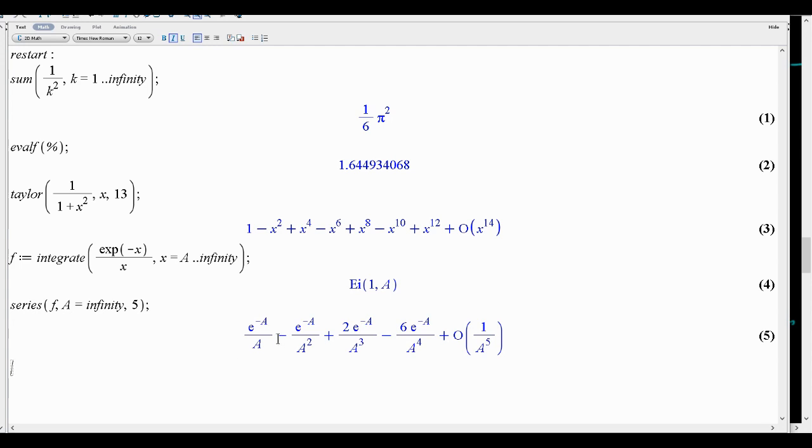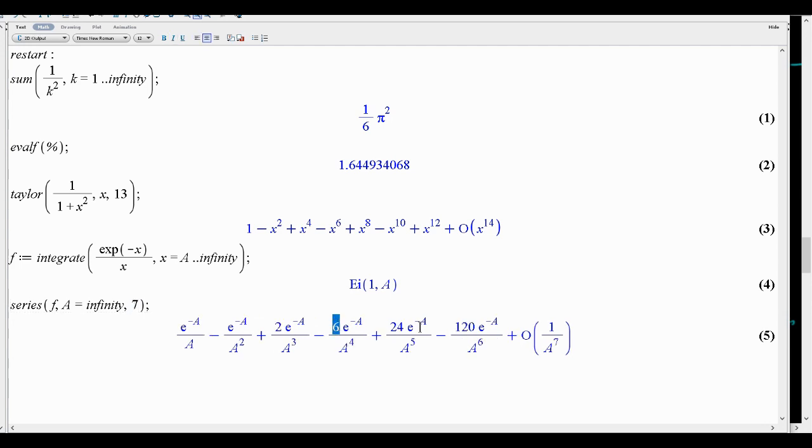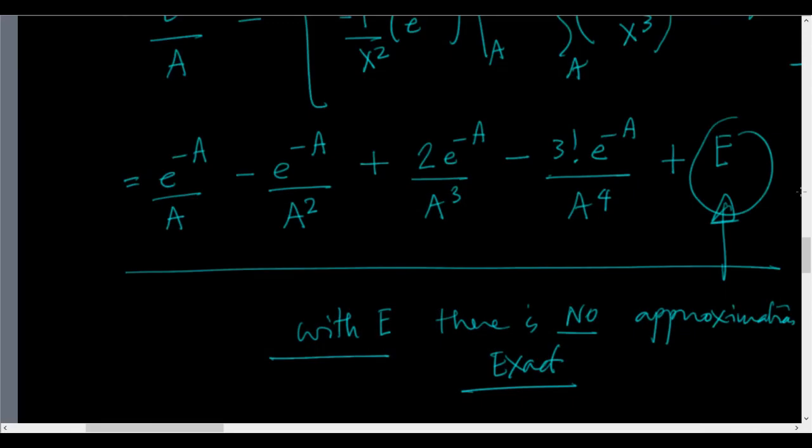The signs keep alternating, and here I have factorial 2, factorial 3, and so on. I can go a little longer, and after factorial 3 this is factorial 4, you will recognize it, and then over here factorial 5, and so on. That's the series. Okay, so I hope you agree this is the series.